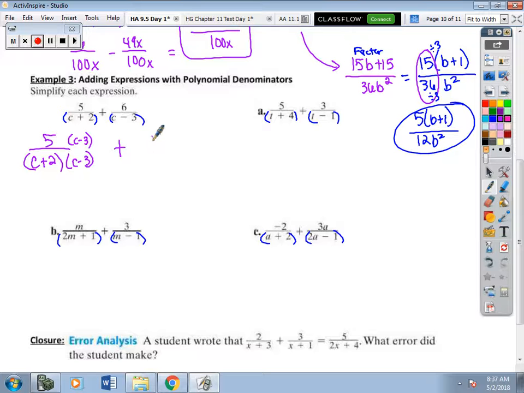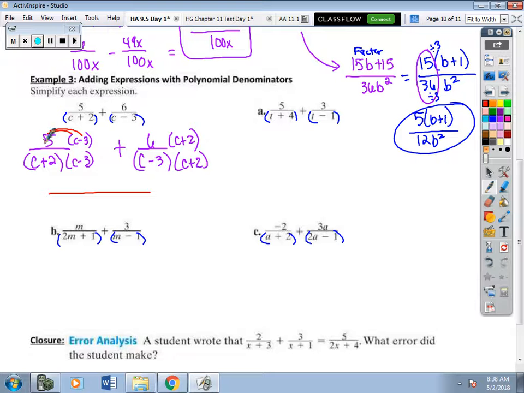Plus 6 over c minus 3. I need to make this one have a c plus 2, so I'll multiply it by c plus 2 in the denominator and the numerator. Up top, we have to distribute. And you can write one big fraction after this, so that you don't have to rewrite two separate fractions.